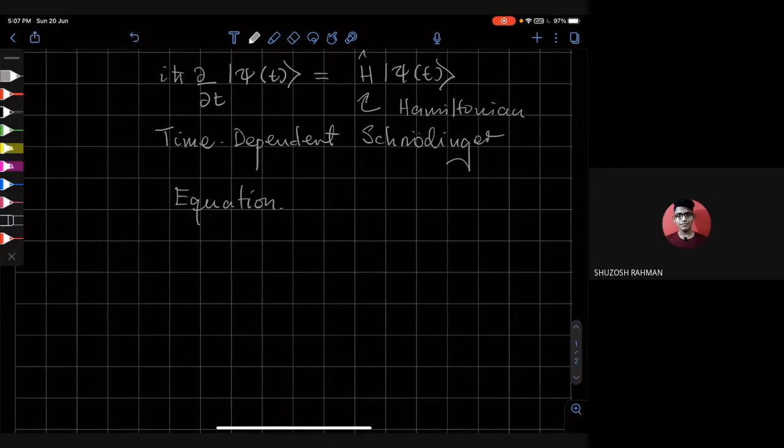For the purpose of this lecture, we can assume that the Hamiltonian is a time-independent operator, that H doesn't have an explicit time dependence.